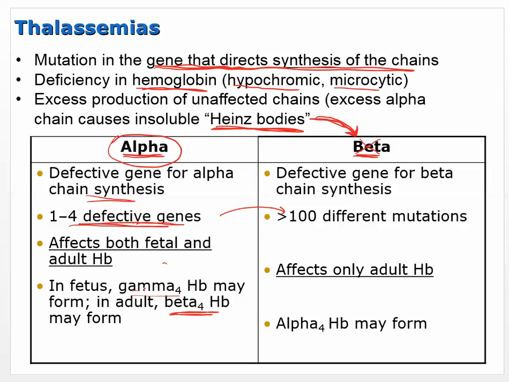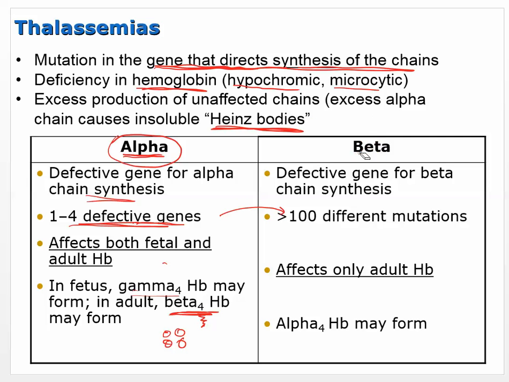What that means is that if you're not producing the alpha, you may have a situation where you produce 4 beta molecules on this hemoglobin, so all of the subunits are beta, or they may all be gamma, which is fetal.